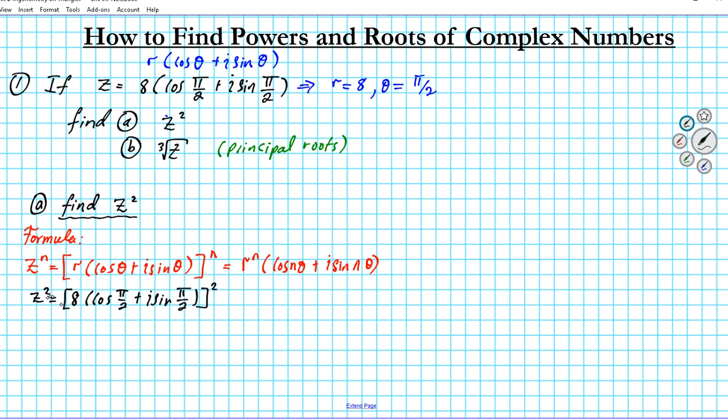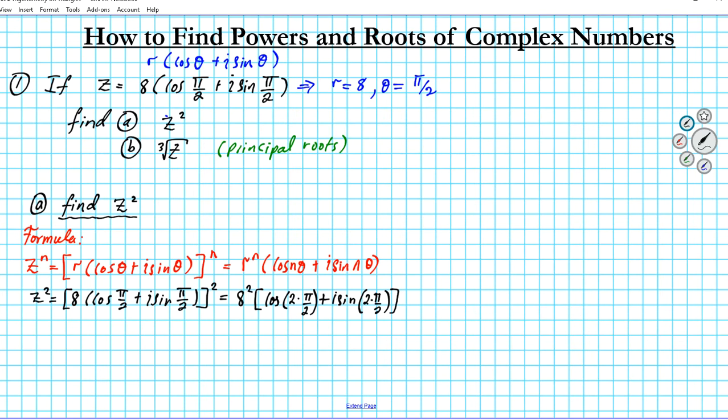Okay, so if we apply this formula that we have here, that's going to result in 8 raised to the second power times cosine, the angle times the power, which is 2 times pi over 2, right, plus i sine, the same process, 2 times pi over 2.